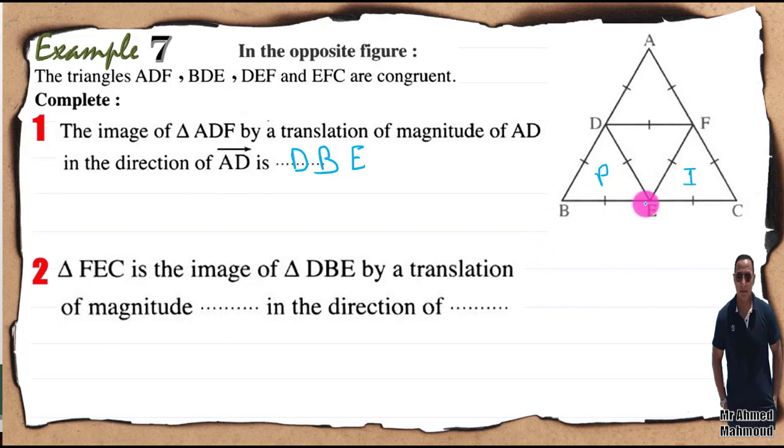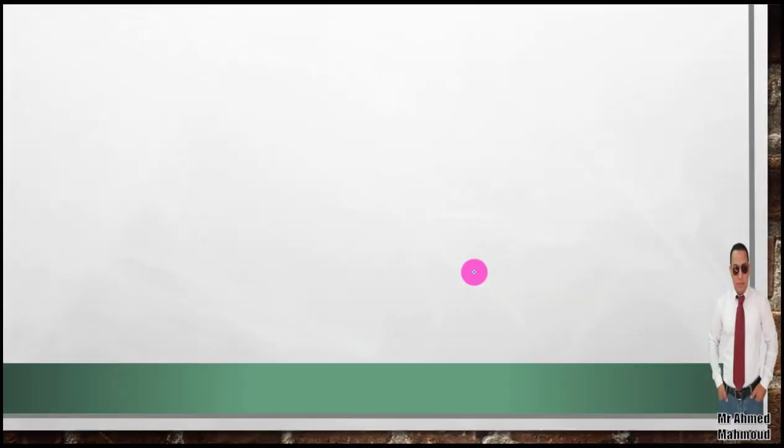I can write BE or DF. This point moves from here to here. It looks like DF, so it is in the magnitude of DF and the direction of ray DF, like this. This is the end of the lesson.